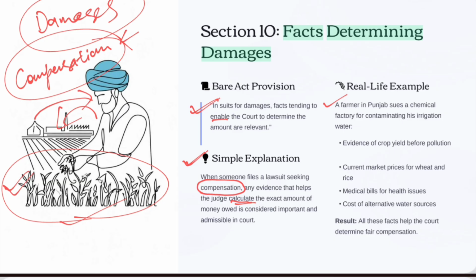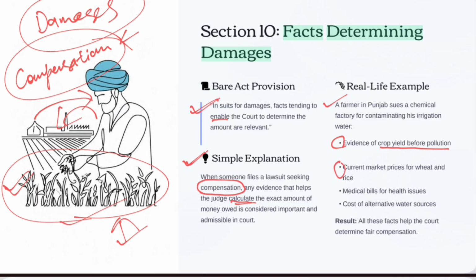In that case, the first evidence is the crop yield before pollution. If the pollution had not taken place, what would be the crop yield? What amount of crop had been grown in the field? That is a relevant fact, and this fact will help the court to determine the amount of damages.